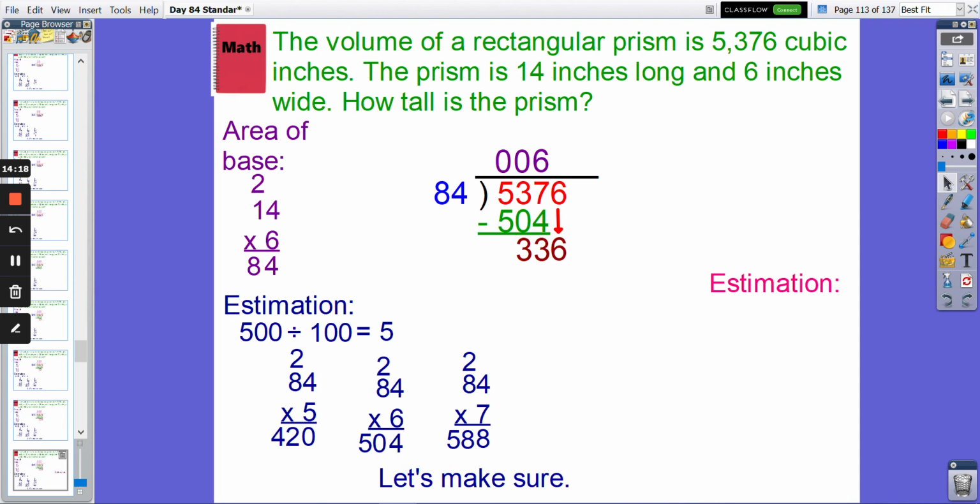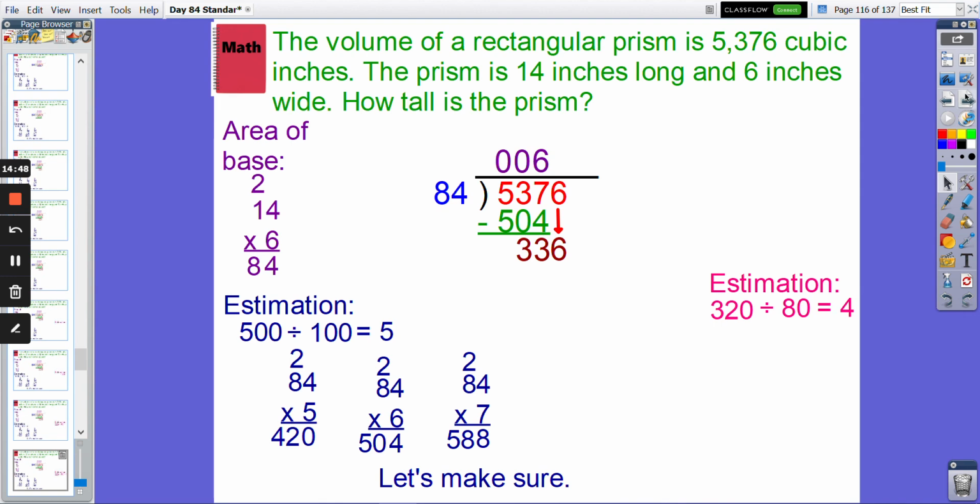All right, let's use estimation. 84 can definitely go into 336. So let's estimate. Let's round our numbers to, let's make our divisor 80, and then let's take 336, make it 320, so they divide evenly. And we have 4. So now we know we're going to start our guess and check at 4.